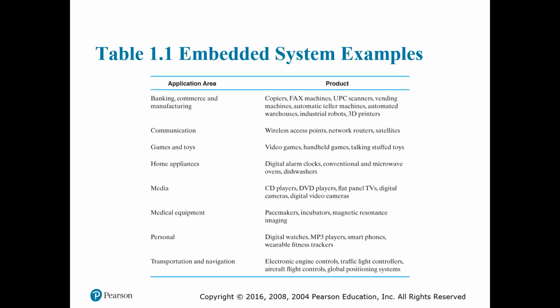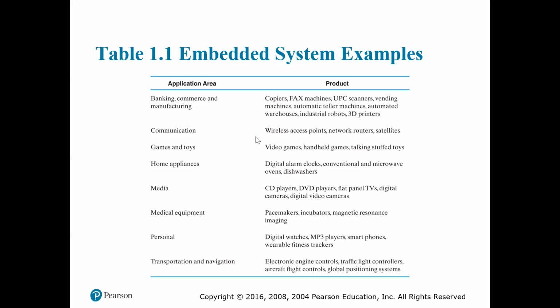Let's look at some examples. Copiers, fax machines, UPC scanners, vending machines, teller machines. Communications and networking would be wireless access points, network routers, satellites. I think of communications as telephone systems.